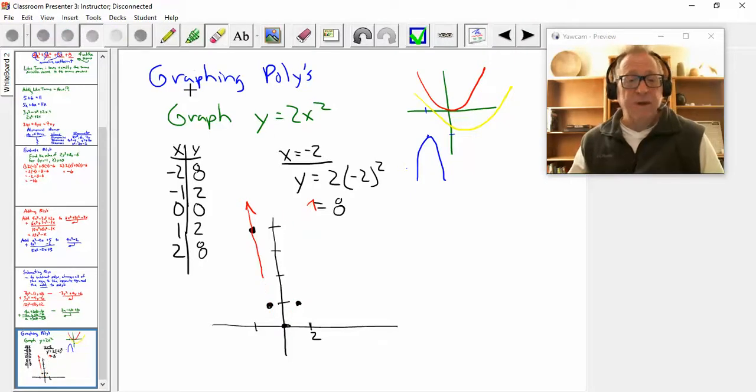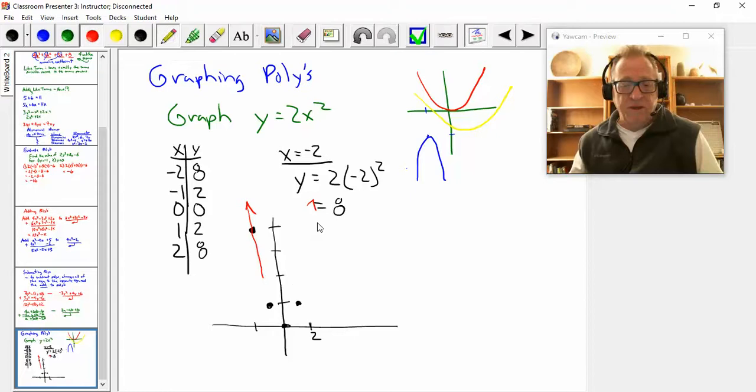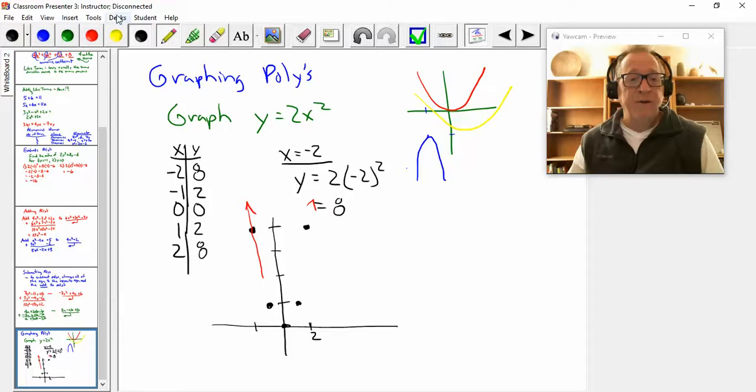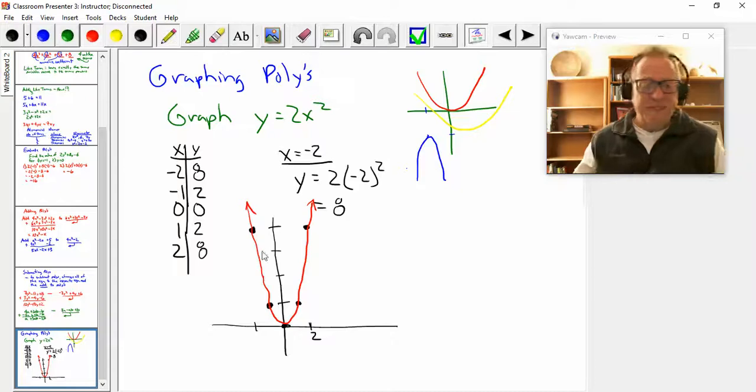Now, oh boy. Killed my graph. All right, let's put him over here a little further. There we go. And now let's draw that line. Oh, it's a pretty bad graph, but you get the idea.